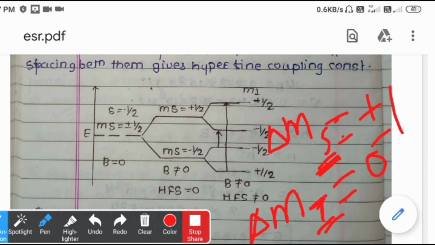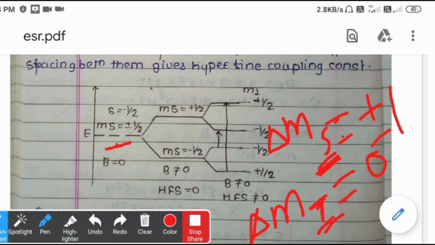first there should be the splitting of the electron in the external magnetic field. In the absence of an external magnetic field, the energy level is in a degenerate state, so due to the degeneracy we don't get the splitting patterns.